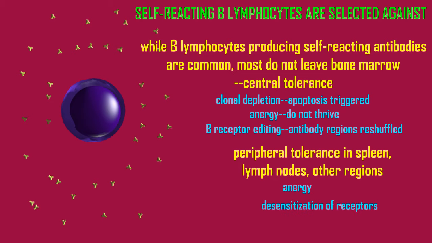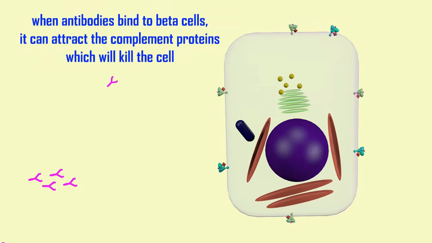There are numerous mechanisms in both central tolerance and peripheral tolerance which should stop this. But nevertheless, B lymphocytes are produced which make self antigens, including those against insulin.